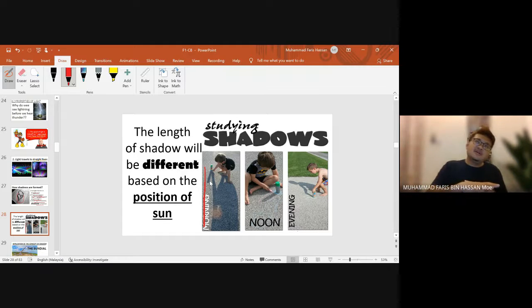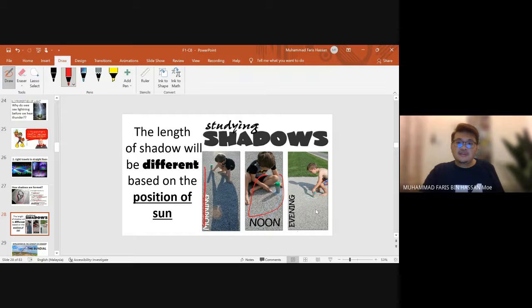When the time is around 10 in the morning, the length of the shadow will become short. At 11, it will become shorter. And around 12 noon, the shadow will be the shortest one, like this one.